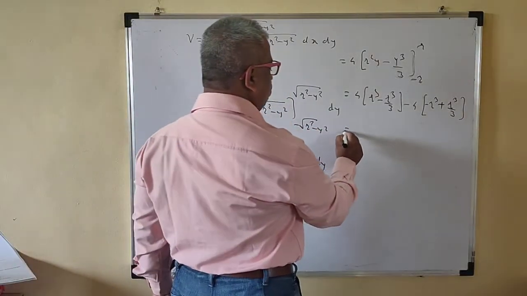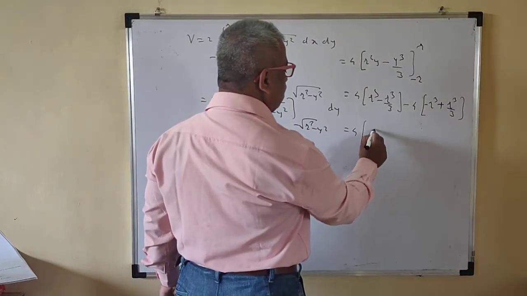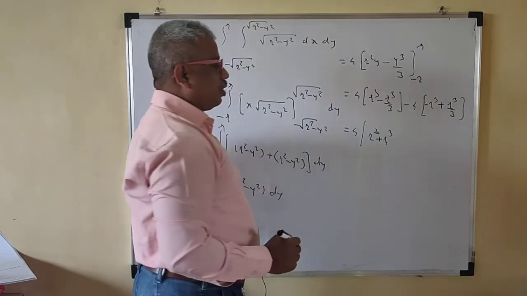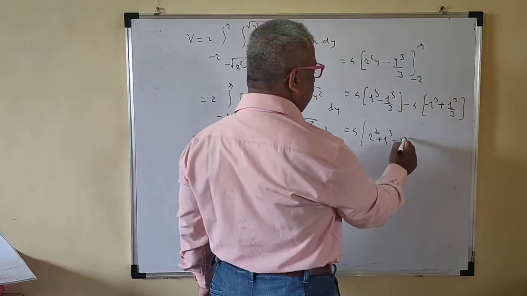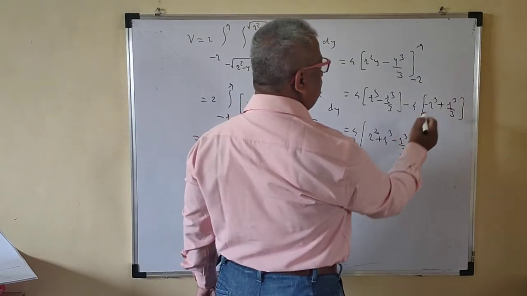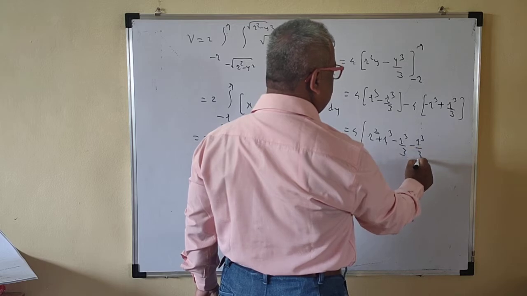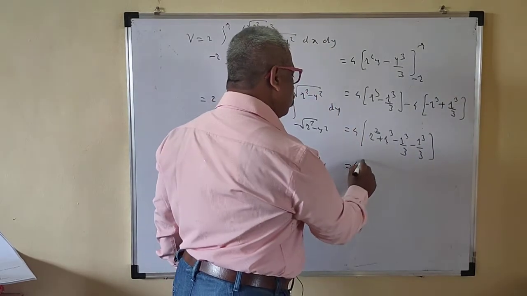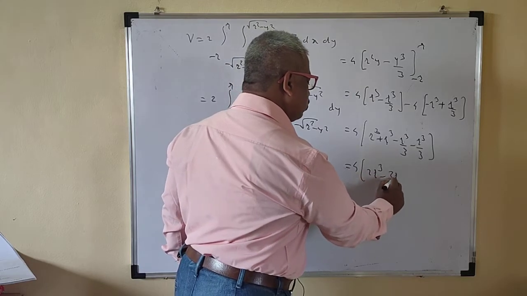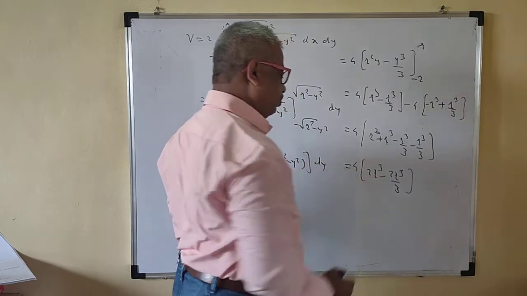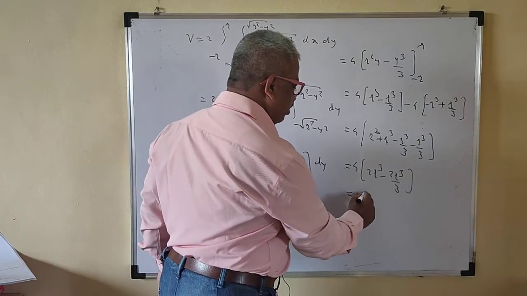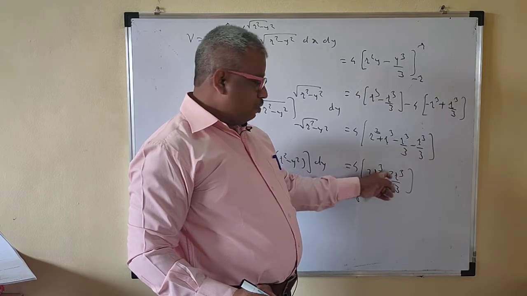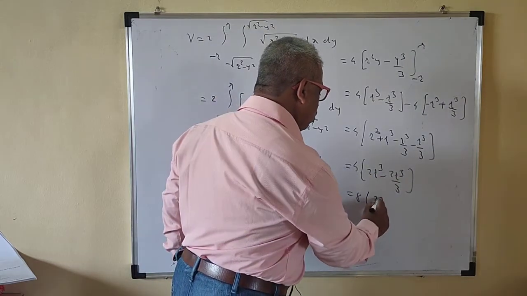We take 4 common and add: r cube plus r cube, and minus r cube by 3 again minus r cube by 3. So this is 4 times twice r cube minus twice r cube by 3. Again this will be 8 r cube times (3 minus 1) by 3, so this is 2 r cube.